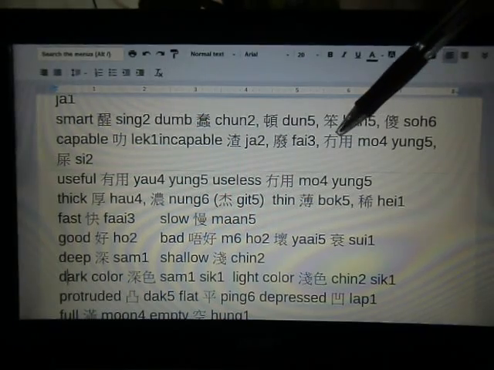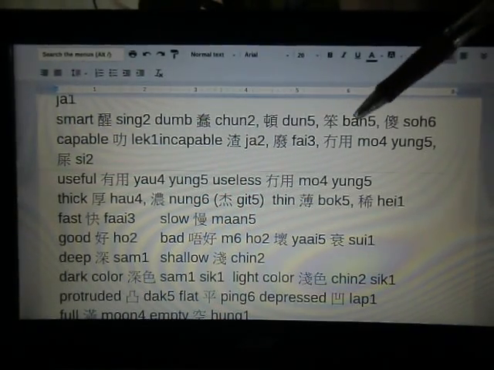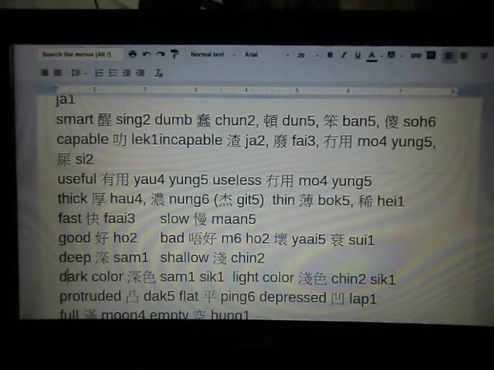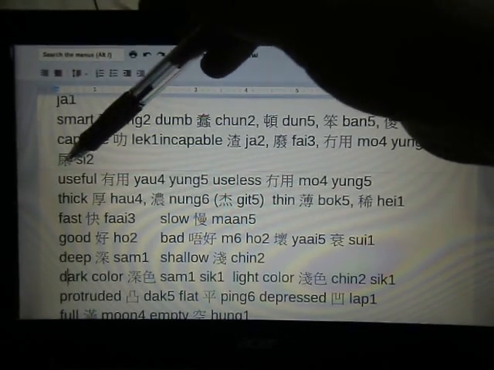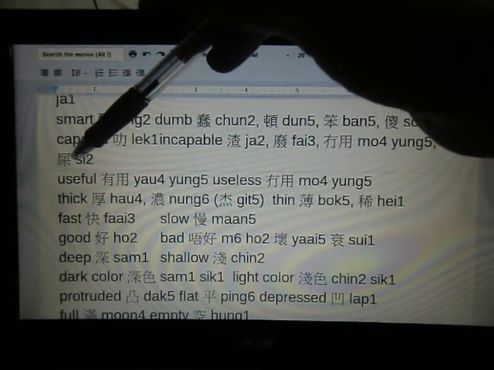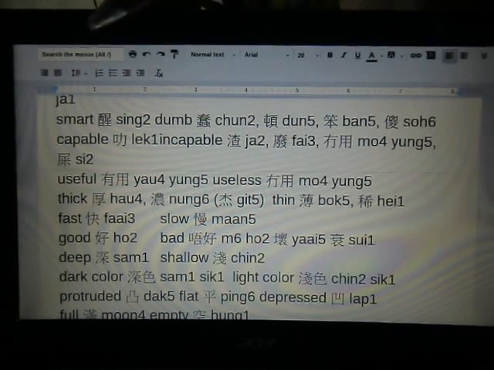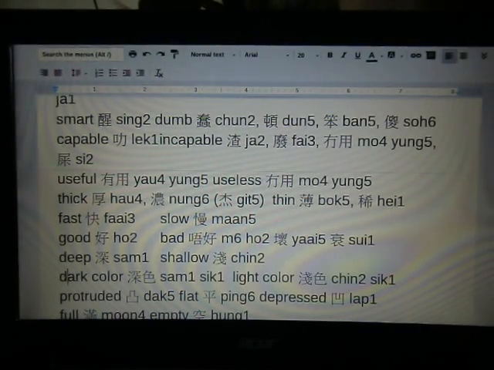And then 冇用. 冇用 is the opposite of 有用. 有用 is useful. 冇用 is useless. It means not capable. And also sometimes we use a not very good word, 屎. 你好屎. So, for example, you're not very good at tennis. People can say that you are very 屎, meaning that you are not good at something.